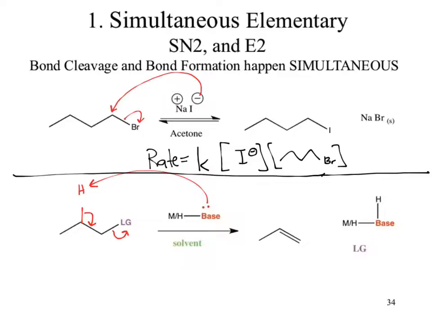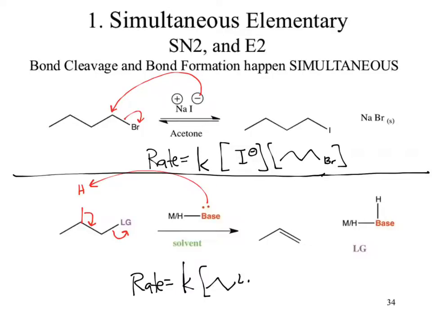What happens when we move to the E2? What is our slow step in the E2? There's only one step. So it, by definition, is my slow step. My rate will be dependent on my rate constant, that's a lowercase k, times the concentration of the reagents involved. What are the reagents involved?